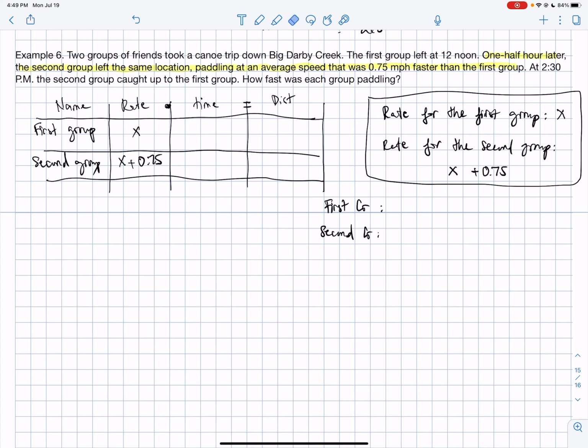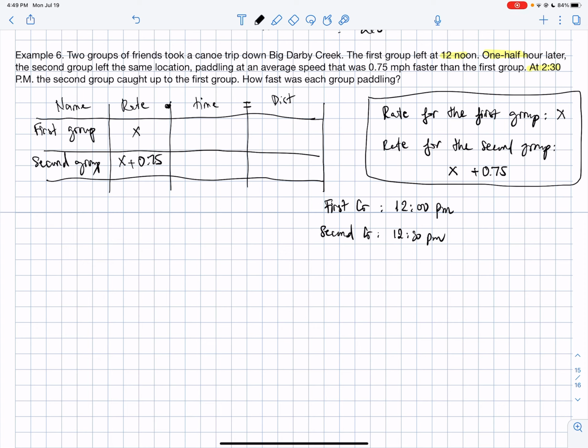Now we pay attention to the time. Let's highlight this, this is time. They're talking about 2:30 and they're talking about 1/2 hour later. The first group left at 12 noon, so 12 p.m. And then 1/2 hour later, that means we have 12:30 p.m. for the second group.